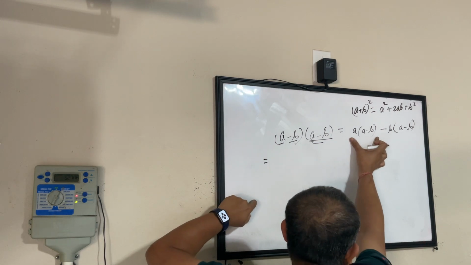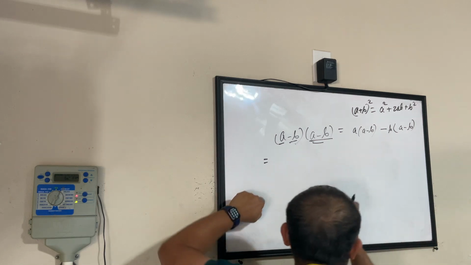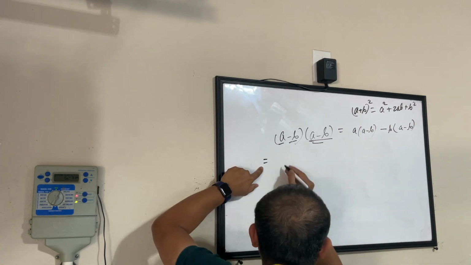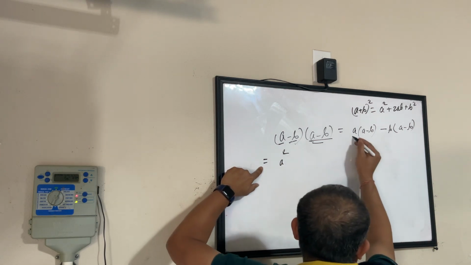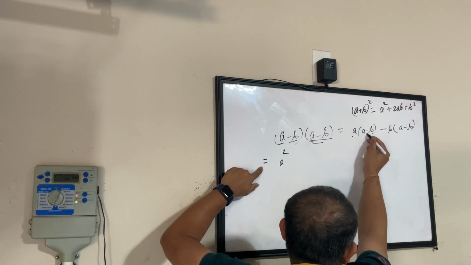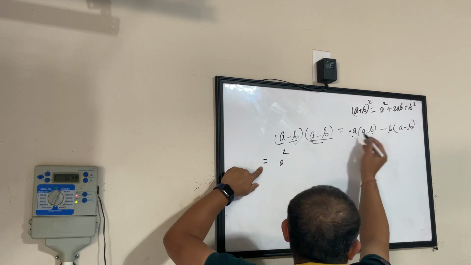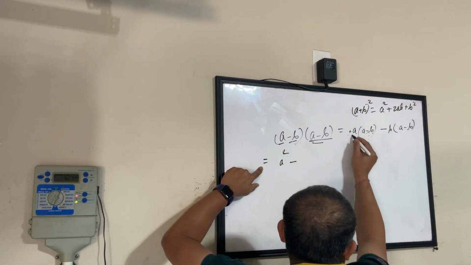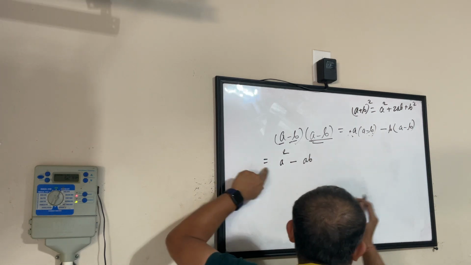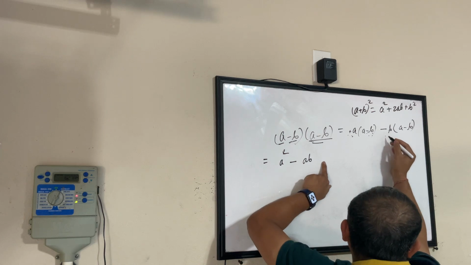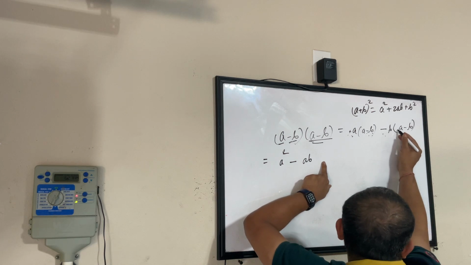Now I'm breaking open this guy and then I'll break open this guy. So A times A becomes A square. A times B and I have a minus sign. So this is like plus A and this is a minus B. So plus into minus becomes minus AB. Now this is done. I'm going to this guy. Minus B and nothing meaning plus here.